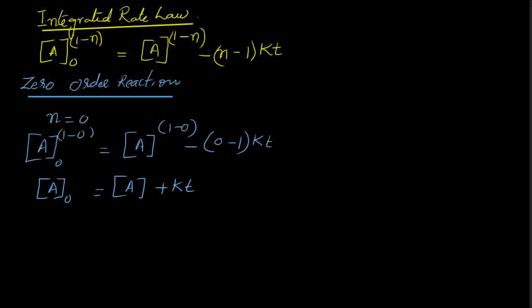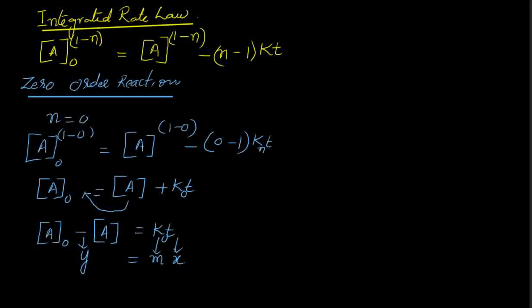Now A comes to this side, so A naught minus A equals kt. This equation is in the form of y equals mx, where A naught minus A is y, k naught is the slope m, and t is x.